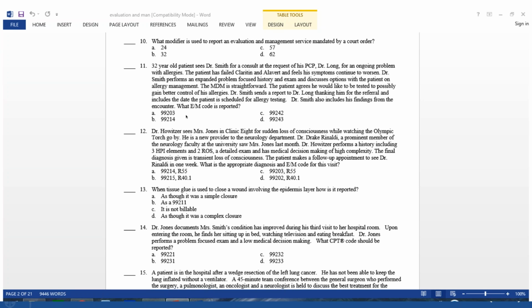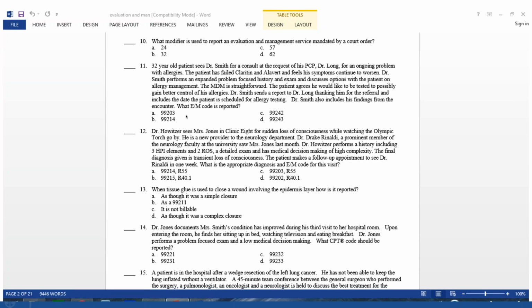All right. So let's look at 992. You have two options here. You have 99214 and 99215 for number 12. Let's look. Those are established patients. We already know what page to go to. So I'm looking at 14 and I'm looking at 15.